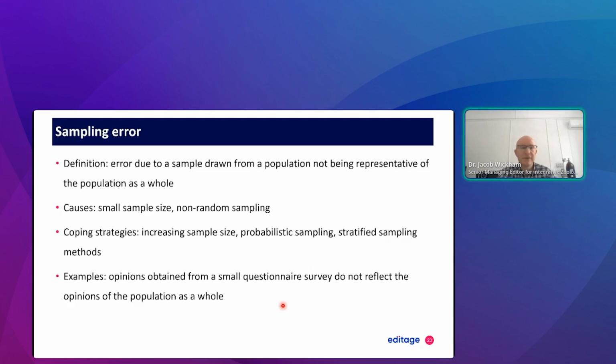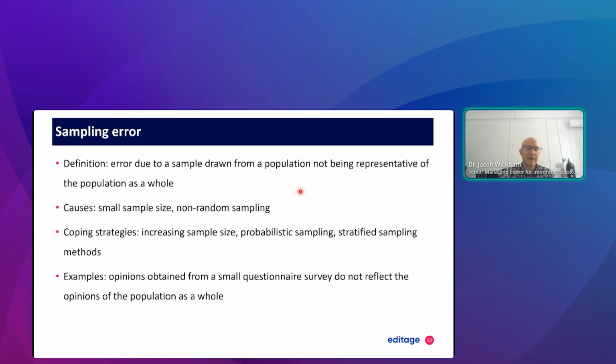And the next type of error I wanted to go over is sampling errors. Now, sampling errors are different. And this one requires special attention. This can be an error due to a sample drawn from a population not being representative of the population as a whole.